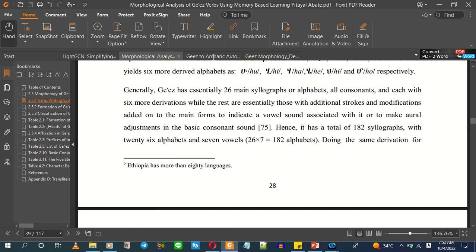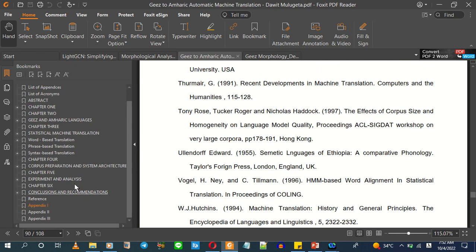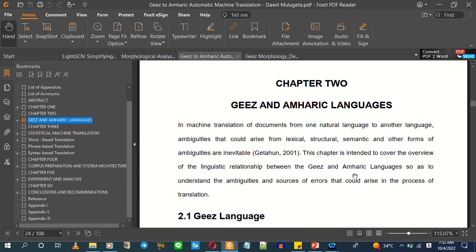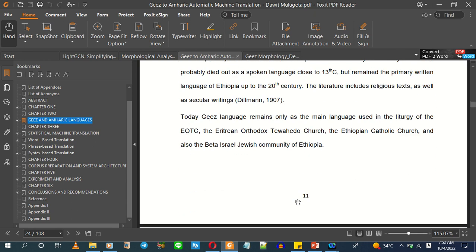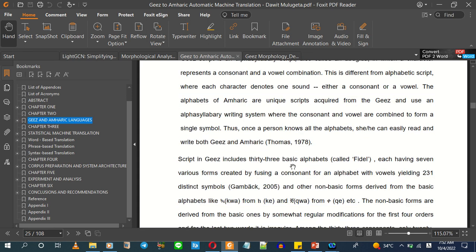These literatures can give some insight about the language. Here we can understand a bit about the Ge'ez and Amharic languages, because they are very similar with some little difference.